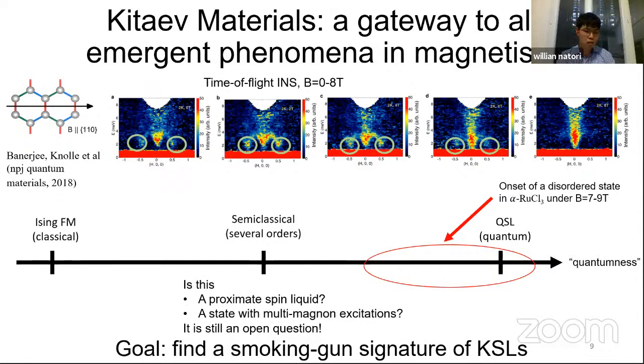So this is still an open question, and nobody can simply claim it's a quantum spin liquid, but it's something that really deserves to be investigated. We used this to motivate the search for a smoking gun signature of this Kitaev spin liquid.